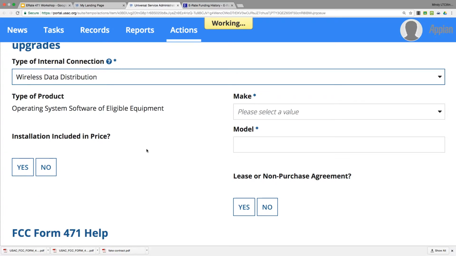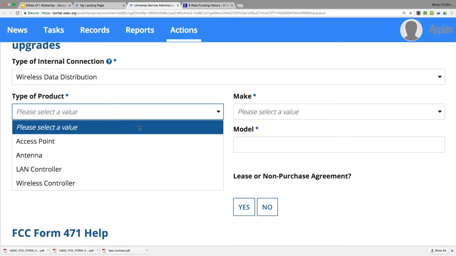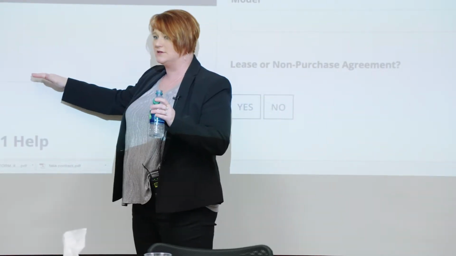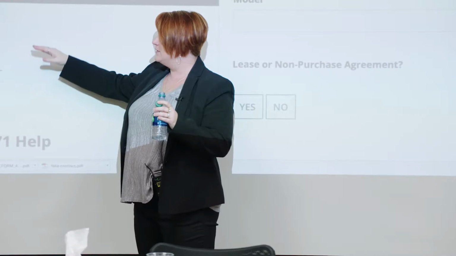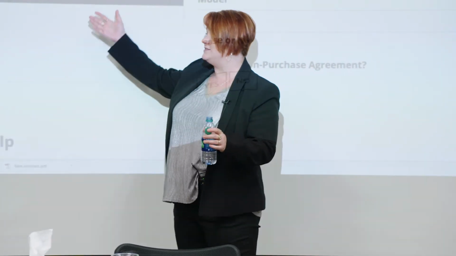The big one that most people are applying for is wireless data distribution. This is where you'll find your access points, antennas, LAN controllers, and wireless controllers. If you have access points that require a wireless controller, please note, most wireless controllers come with licensing for only like 5 units or something, and you're buying 20. You will need to have in your bid the additional 15 licenses.